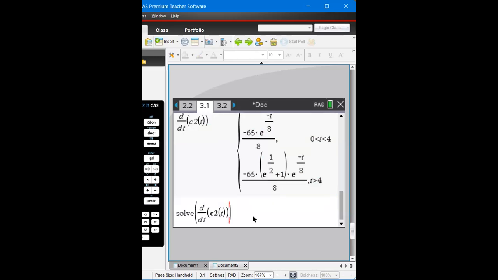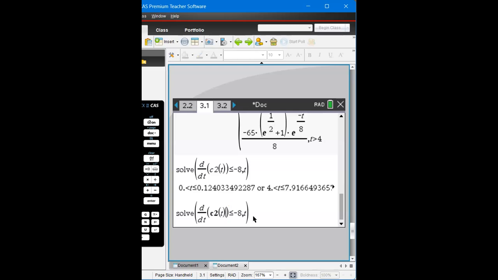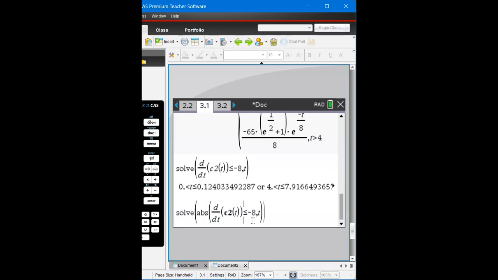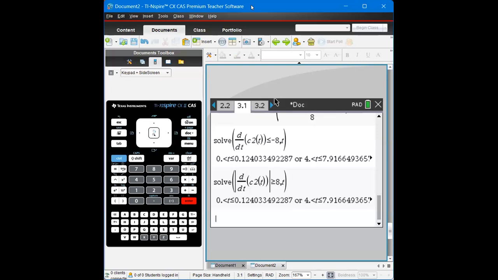So that less than or equal to -8, comma t. Okay, that is one set of values. Alternatively, you could go for the absolute value of the derivative, but this time it's greater than or equal to 8. Yep, the same answer. So just carefully copy the screen in interval notation.